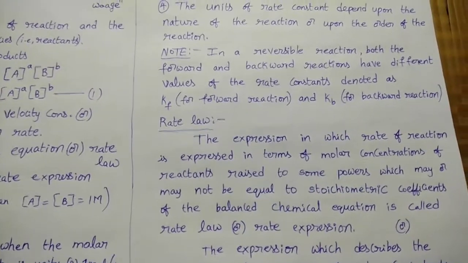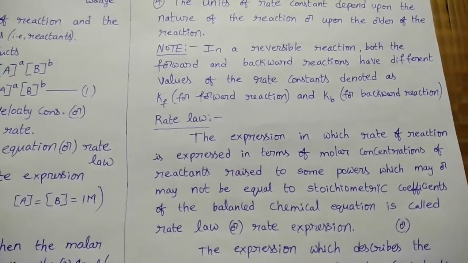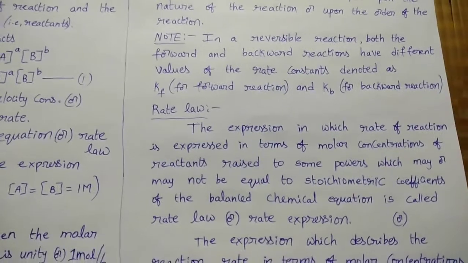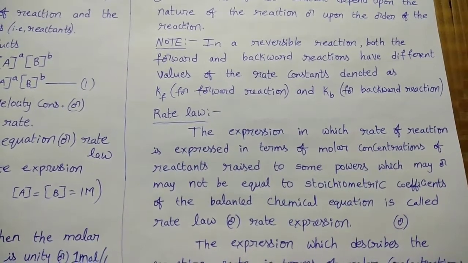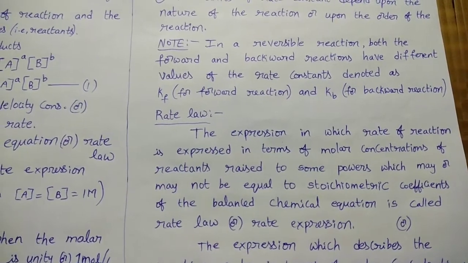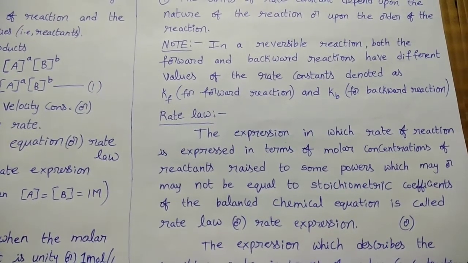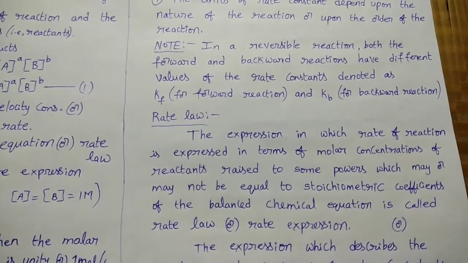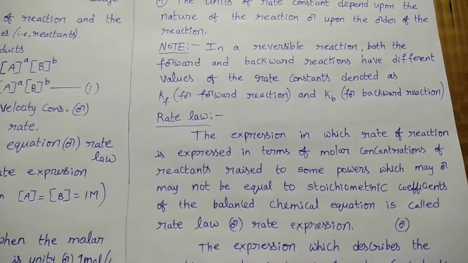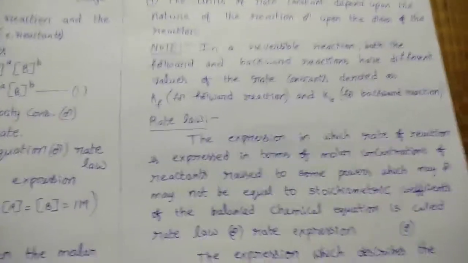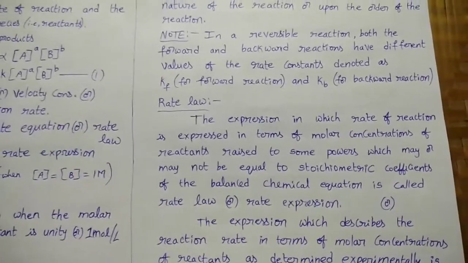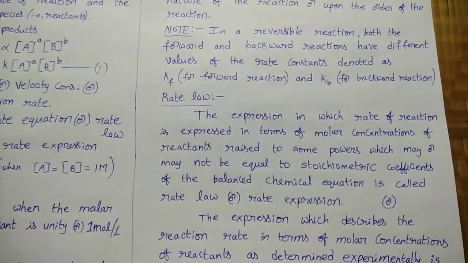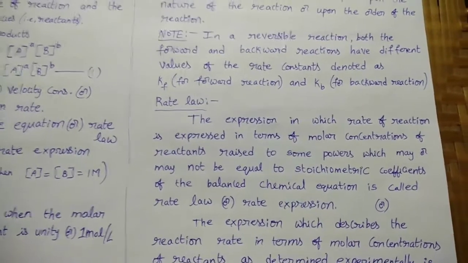Next, rate law or rate expression. See the definition for this. It is given in the NCERT textbook. The expression in which the rate of reaction is expressed in terms of molar concentrations of reactants raised to some powers, which may or may not be equal to the stoichiometric coefficients of the balanced chemical equation, is called the rate law or rate expression.